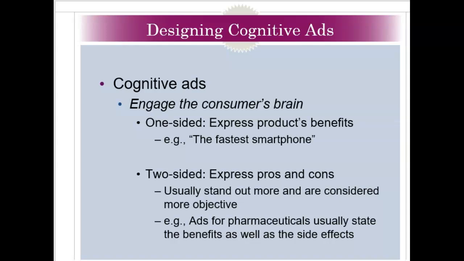For example, some pharmaceutical ads usually state the benefits as well as the side effects, but that's not the only way to think about it. Sometimes when we highlight the pros of our product, we emphasize those and downplay the cons of our product in the same message.